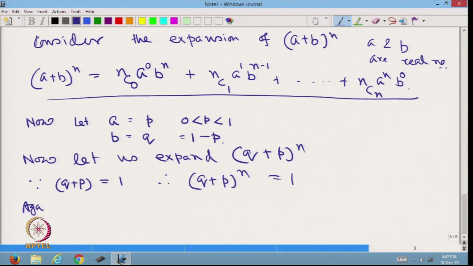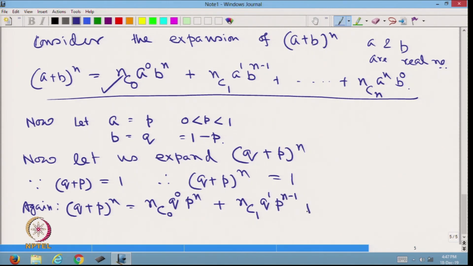Again, by using this formula, q plus p whole to the power n is equal to n c 0 q to the power 0 p to the power n plus n c 1 q to the power 1 p to the power n minus 1 plus up to n c n q to the power n p to the power 0.